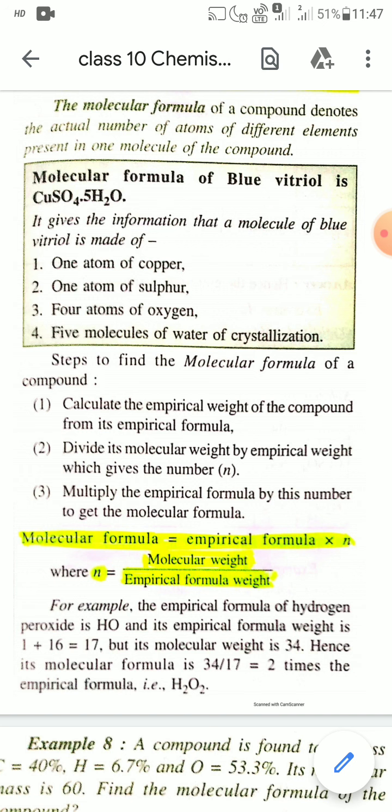So n is equal to 34 divided by 17, that is n is equal to 2. So you have to multiply the empirical formula of hydrogen peroxide, that is OH, by 2 to get the actual molecular formula of hydrogen peroxide. So the actual molecular formula of hydrogen peroxide is H2O2.